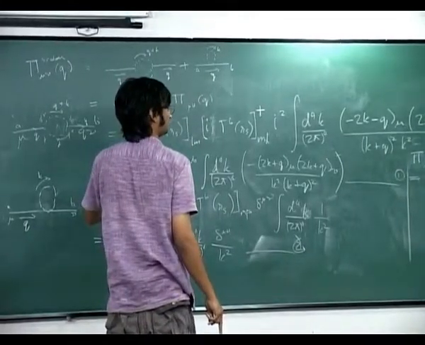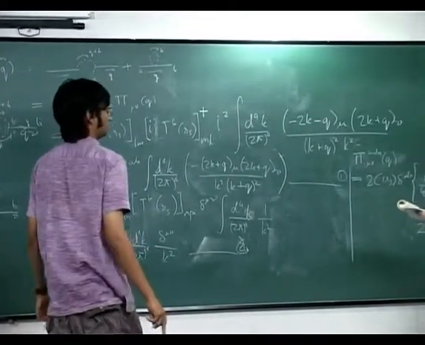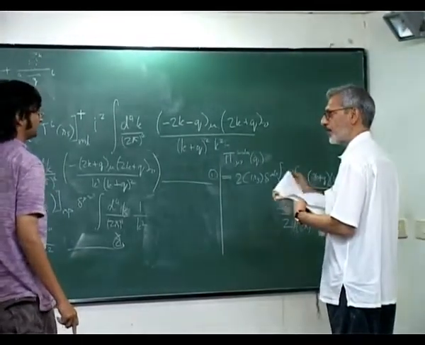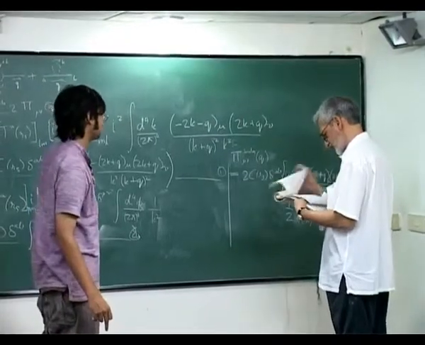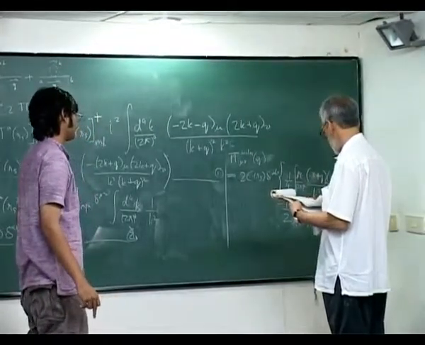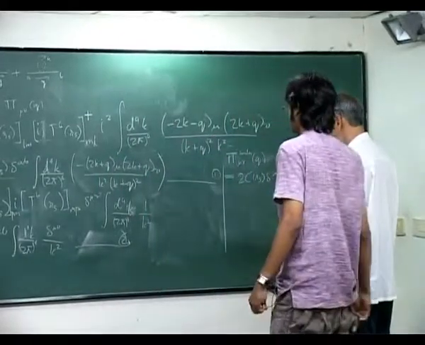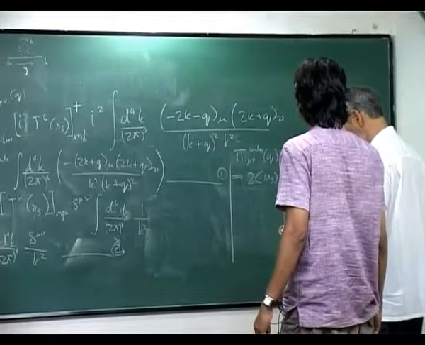Oh, you call this pi mu. Is that how it was earlier? It's the same pi mu that we had earlier. Is it the same? Yes, I guess so. And that one also had a half here? No, that had a 1/4, but that had 2 delta mu.